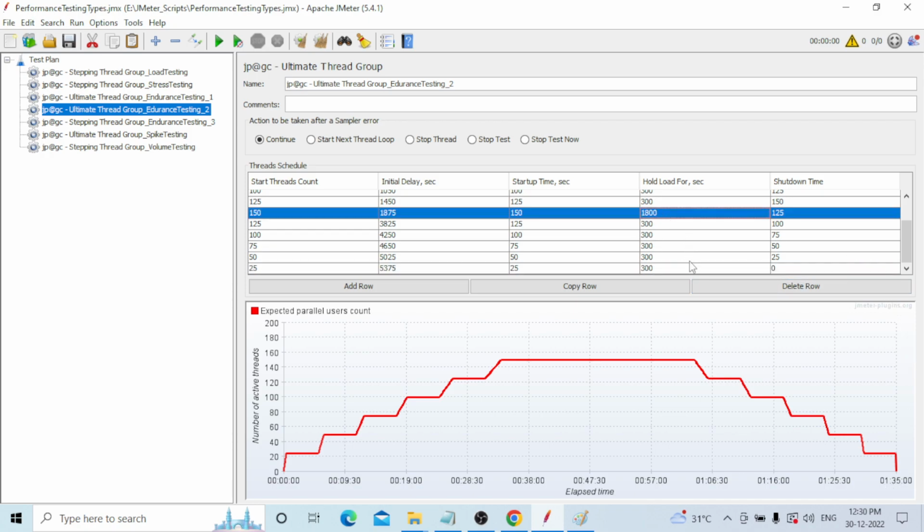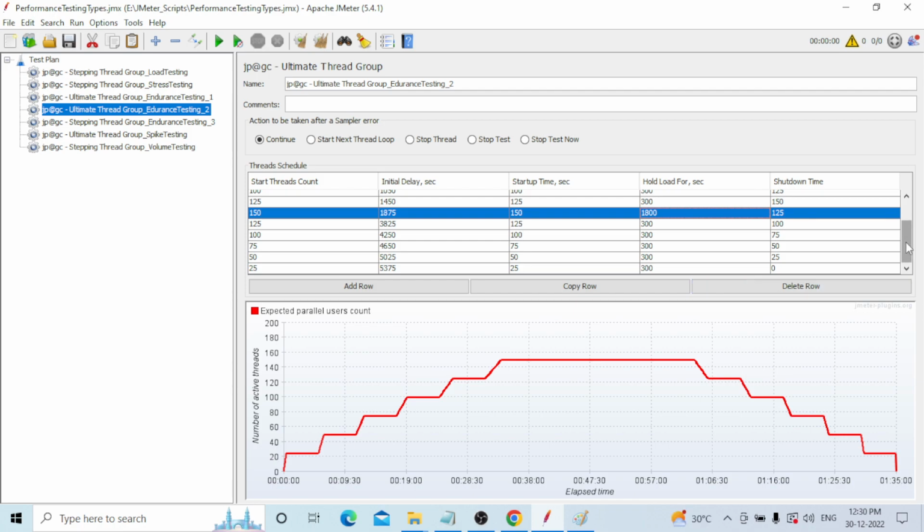That is based on your load and requirement, you can change it. This is a sample requirement, and our intention is just to show how to design, for example, the stepping thread group and the ultimate thread group, to achieve that. That is our main intention.